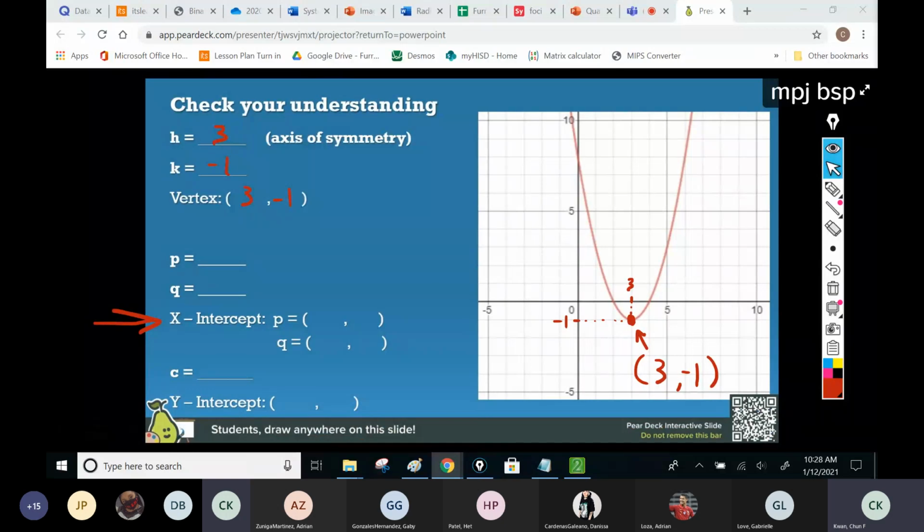Now just find the ordered pair and then you're good. Hat, can you double check your P? Double check one of the x-intercepts, the one on the left, the P.